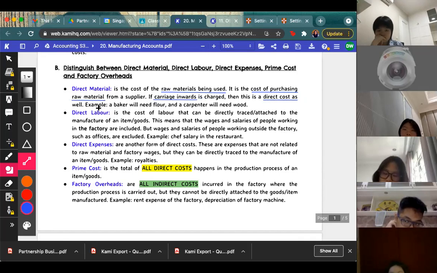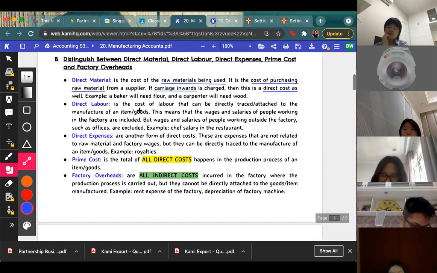For example of direct material, a baker will need flour. A carpenter will need wood. Then wood and flour are the direct materials. So far, any question?